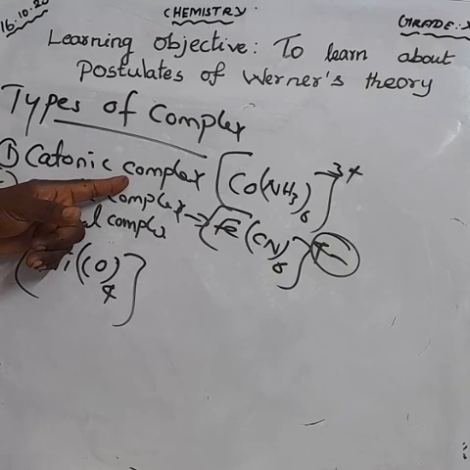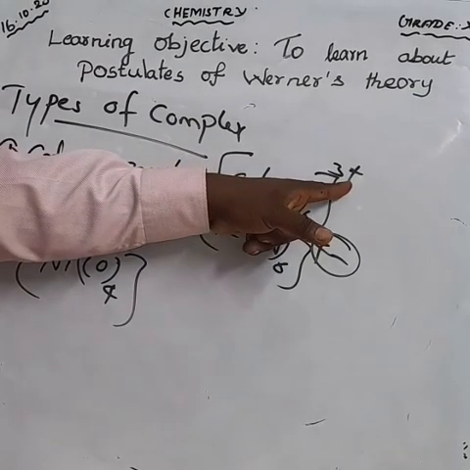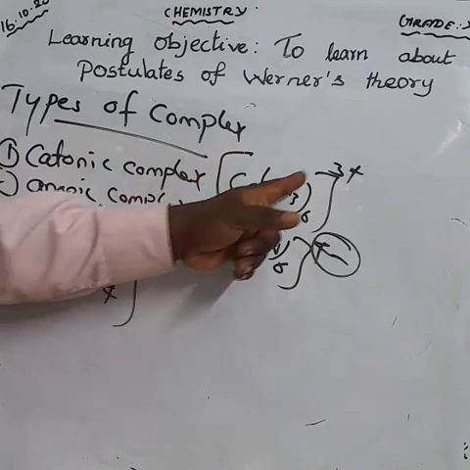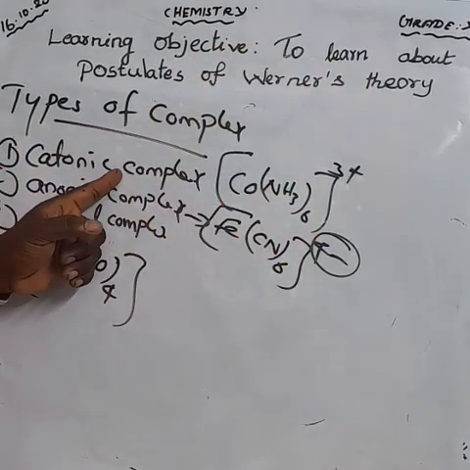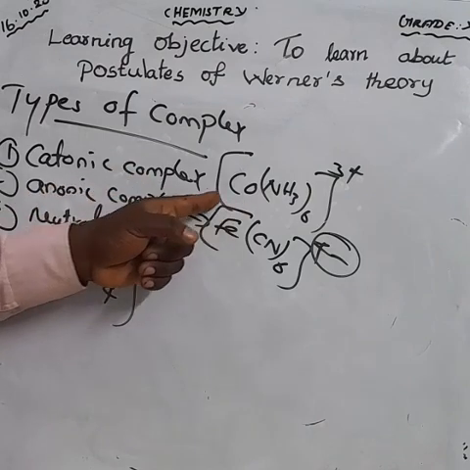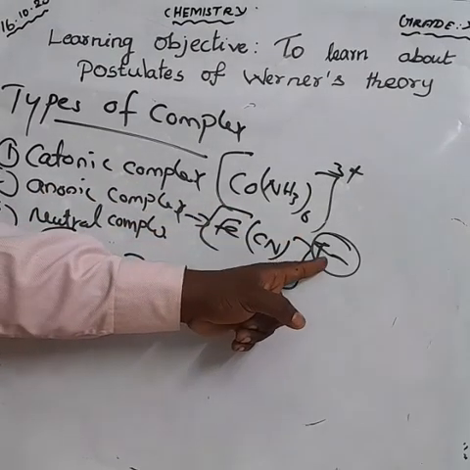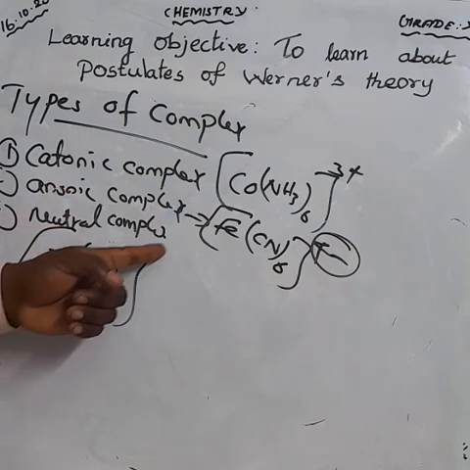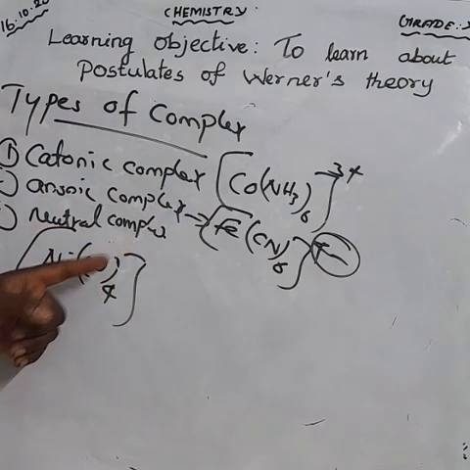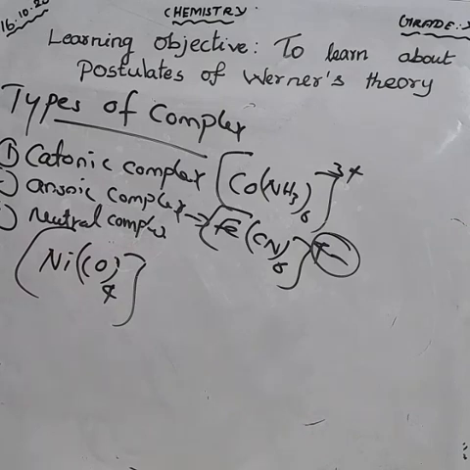Cationic complex means the coordination entity has a positive charge. If the net charge is negative, we say anionic. If there is no charge, we say neutral. Clear?